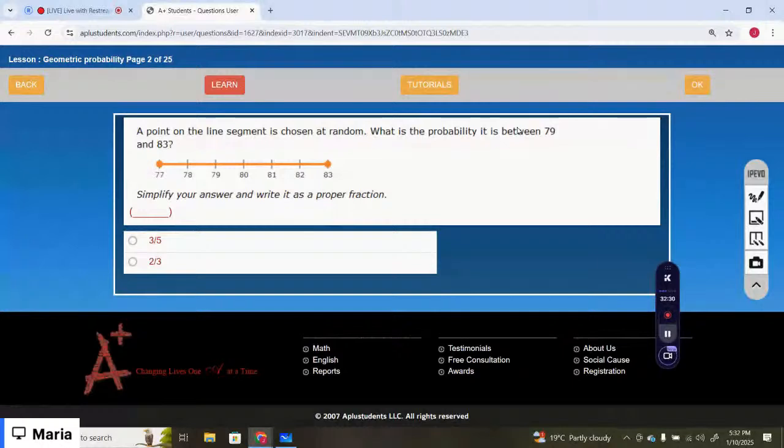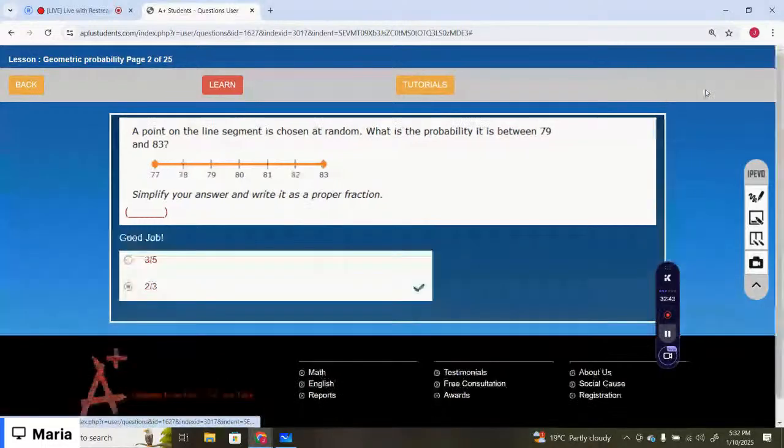That is 2 out of 3, right? Because from 79 to 83, that is 4 out of 6, and when you convert into the lowest form, that is 2 out of 3.